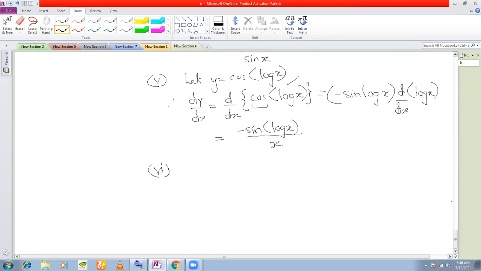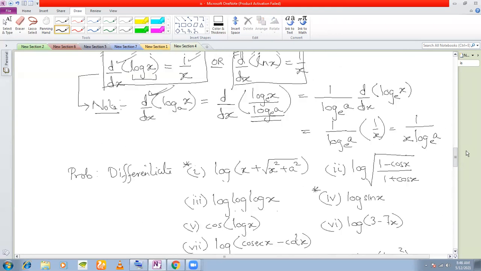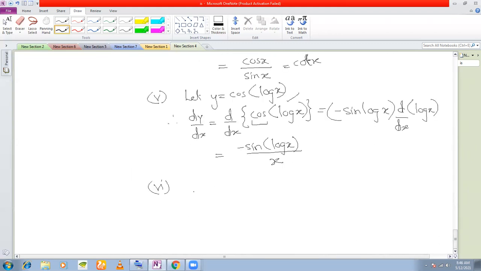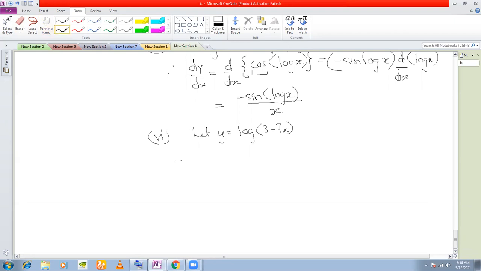The next one here, number 6 that I have given you, is log of 3 minus 7x. Therefore, dy by dx. This is also very similar. Would you like to try this?